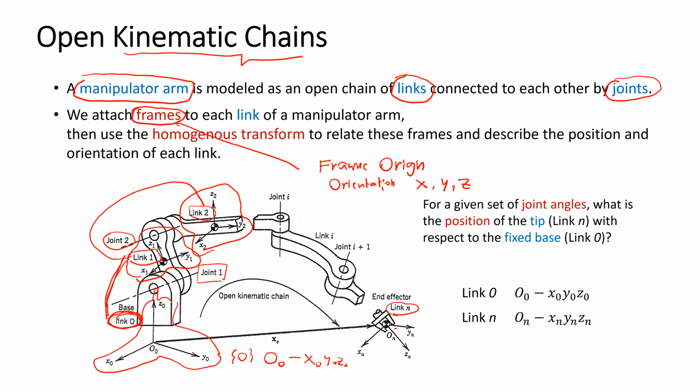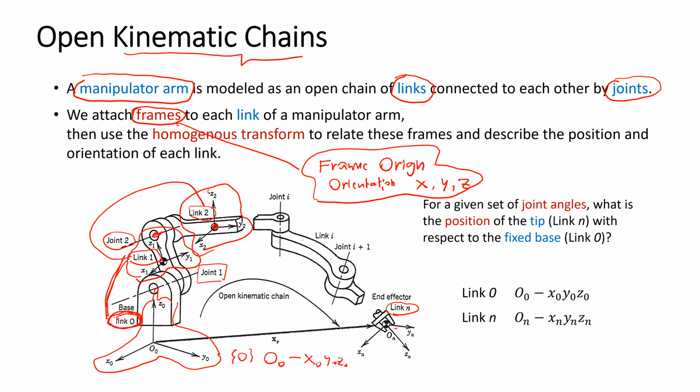Of course, we can attach frames to the link in many possible ways. We can put the origin of the frame somewhere on the robot. We can put it on the center of mass, or we can put it on the joint.